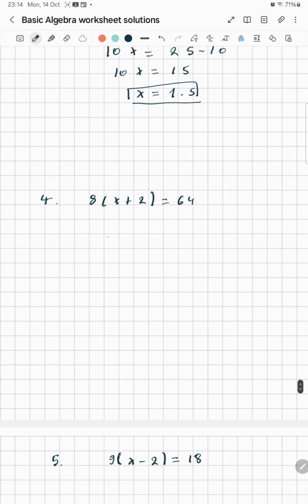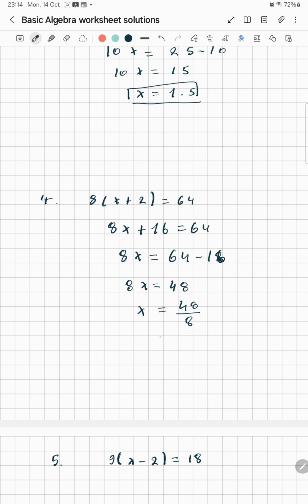Number 8, 8x plus 16 equals 64, 8x equals 64 minus 16, the right side is 48, x equals 48 over 8, x gives me 6.